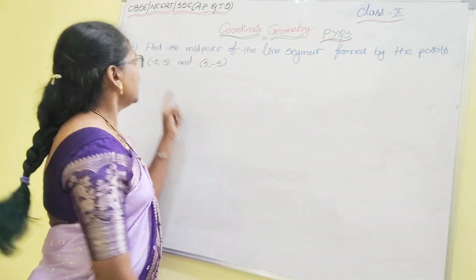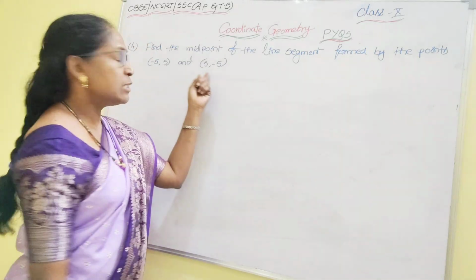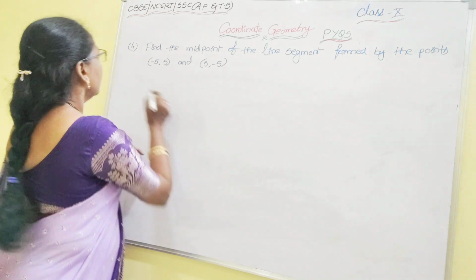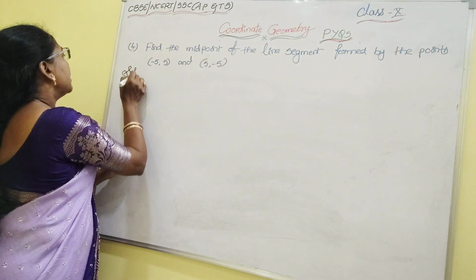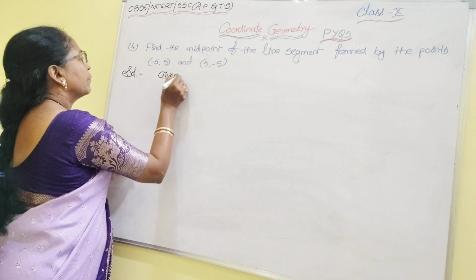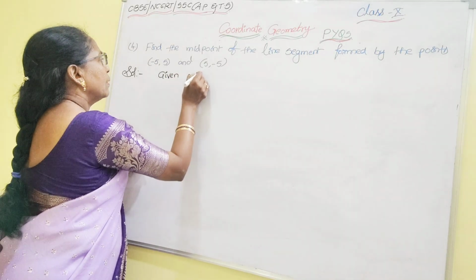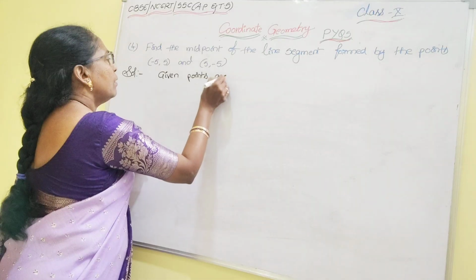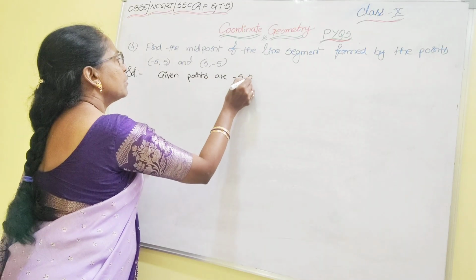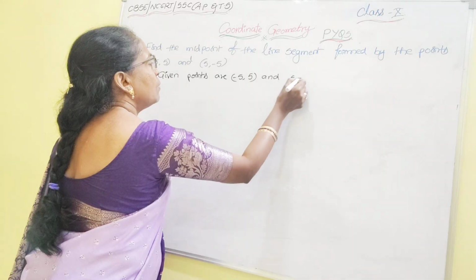Next question. Find the midpoint of the line segment formed by the points. These two are the given points. So now write down given points. Given points are minus 5 comma 5 and 5 comma minus 5.